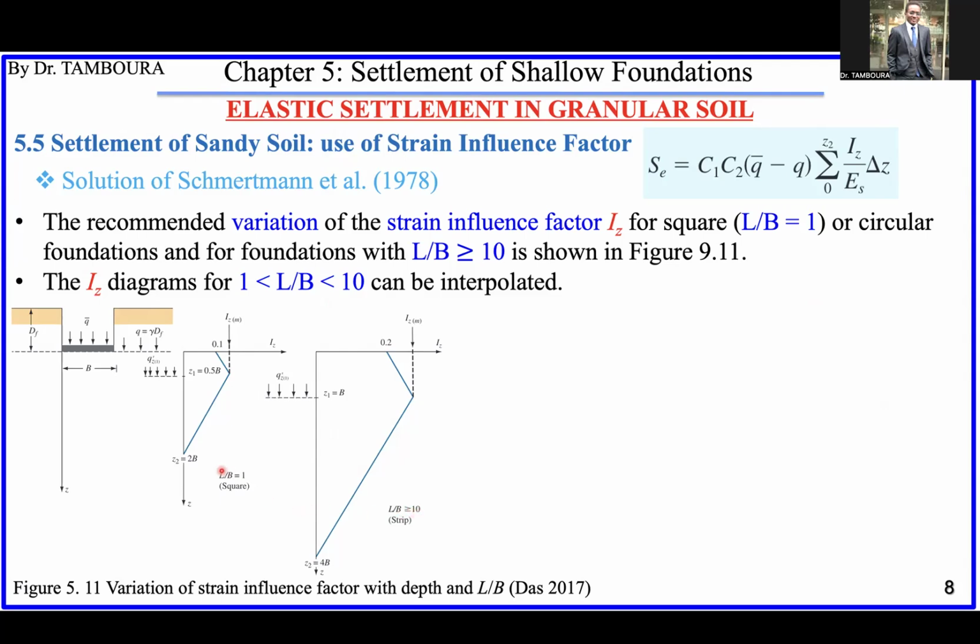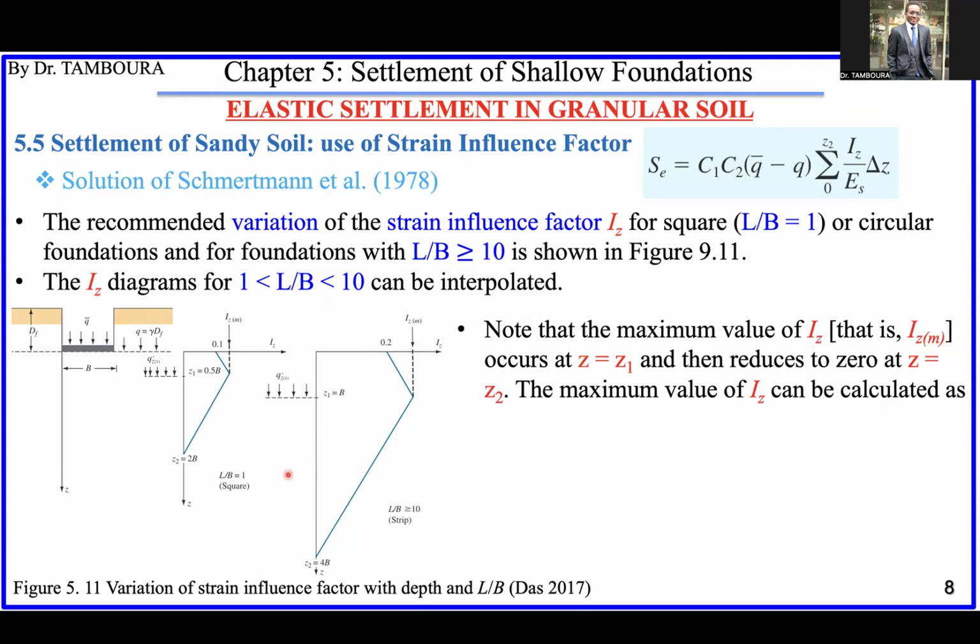Okay, as you can see here, it is L/B equal to 1, L/B equal to 10 here. Okay, what about when you have a footing with ratio L/B equal 5, for example? How will you proceed? Okay, so we have to do interpolation to obtain that.